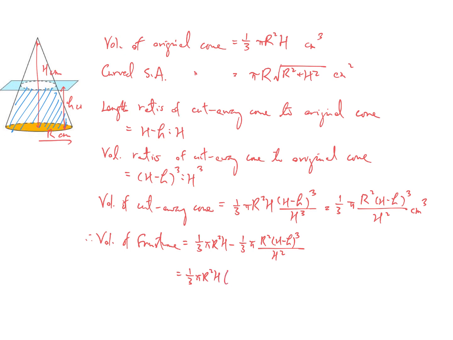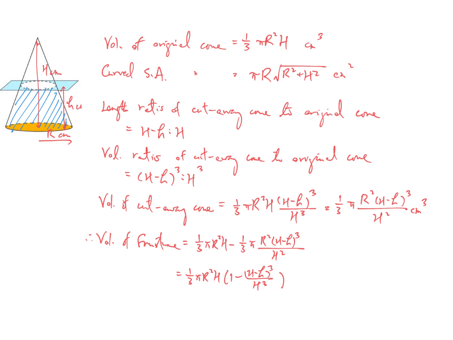In fact, it would be taking out the 1 over 3 pi R square H. You can see that this is simply 1 minus the ratio of the volumes, which is (H minus h) to the power 3 over H to the power 3. Somehow, there's no need at all to find the volume of the cutaway cone. Some students can simply apply this difference of the ratios.